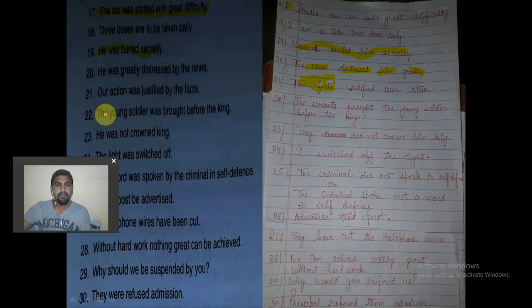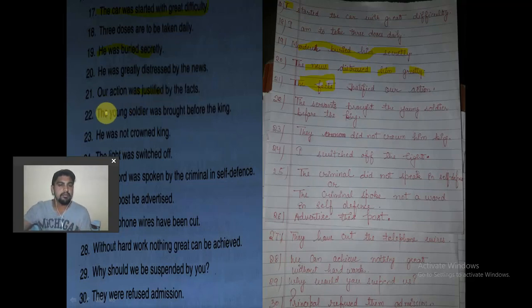Then moving further, you can see that "was justified" was used, that is why justified would be used. "Was justified" means past indefinite, so the second form of verb for justify is justified. So second and third form we write the same way, okay, a regular verb.